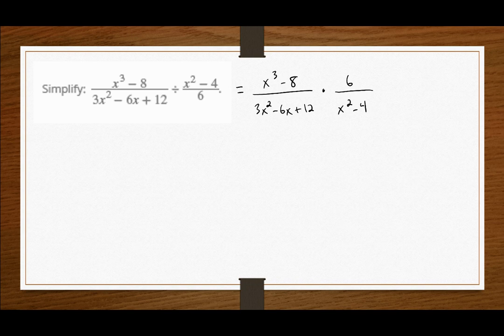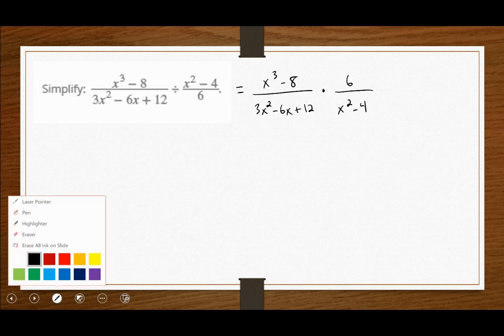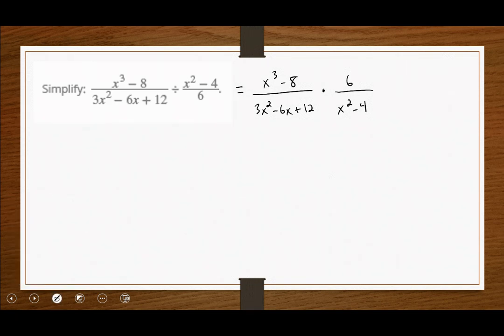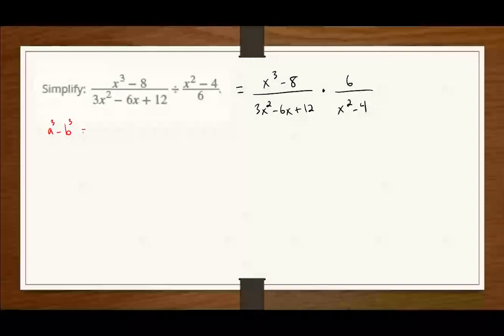So how is it that I can rewrite my numerator and denominators in their factored form? In the case of my numerator, x cubed minus 8, this is a special product, a difference of cubed terms.